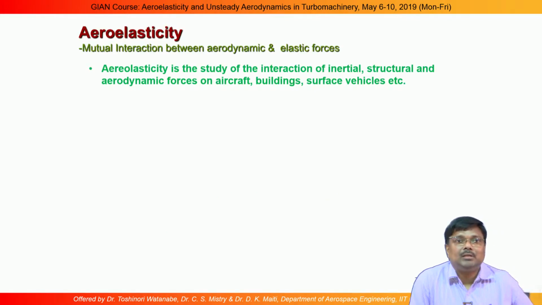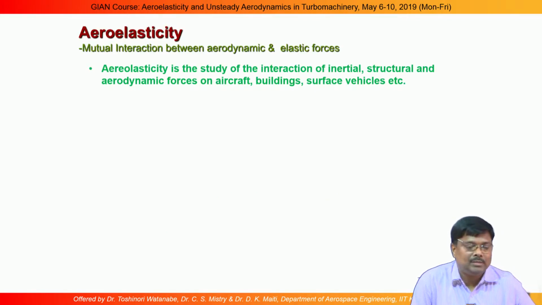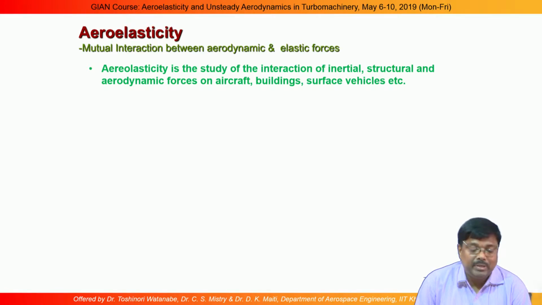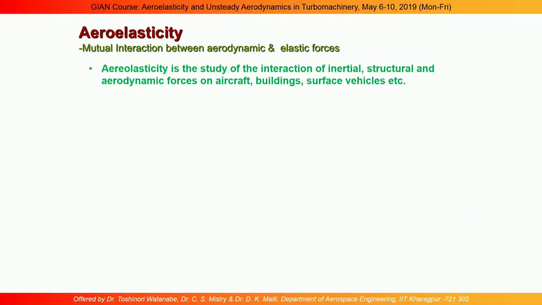Let us start with the definition of aeroelasticity. In the static sense, this is basically the mutual interaction between aerodynamics and elastic forces, but broadly we say aeroelasticity is the study of the interaction between inertia force, structural force and aerodynamic force on an aircraft.